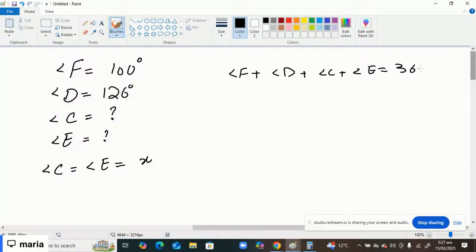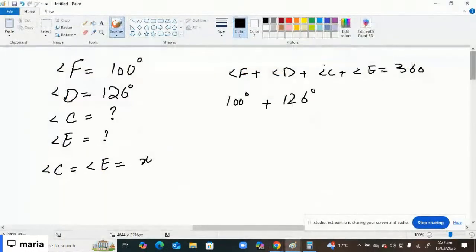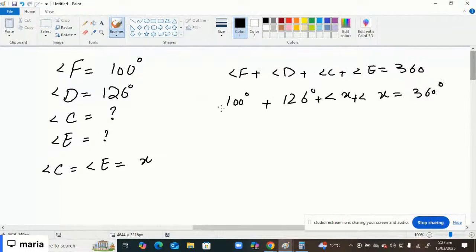equals 360. Now for F, we put 100 degrees. For D, we put 126. For C and E, we just place X and X. This equals 360 degrees. 100 plus 126 plus 2 angle X equals 360.